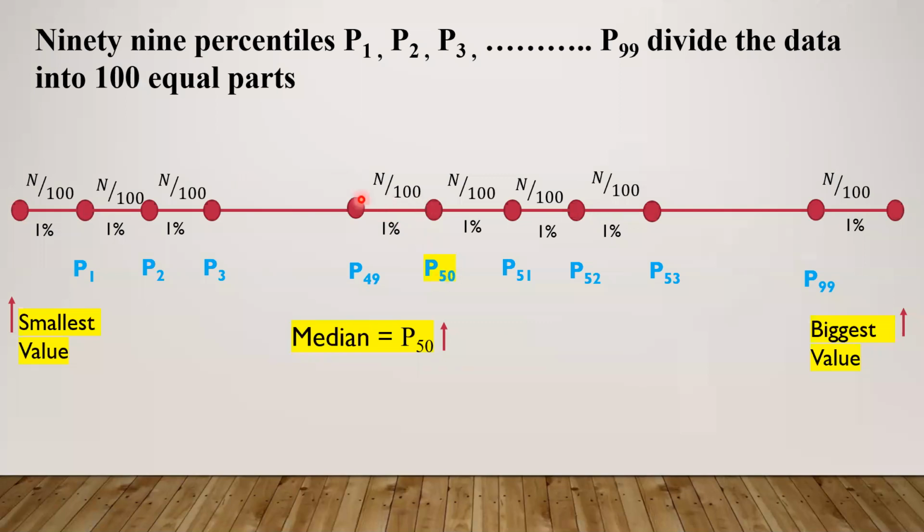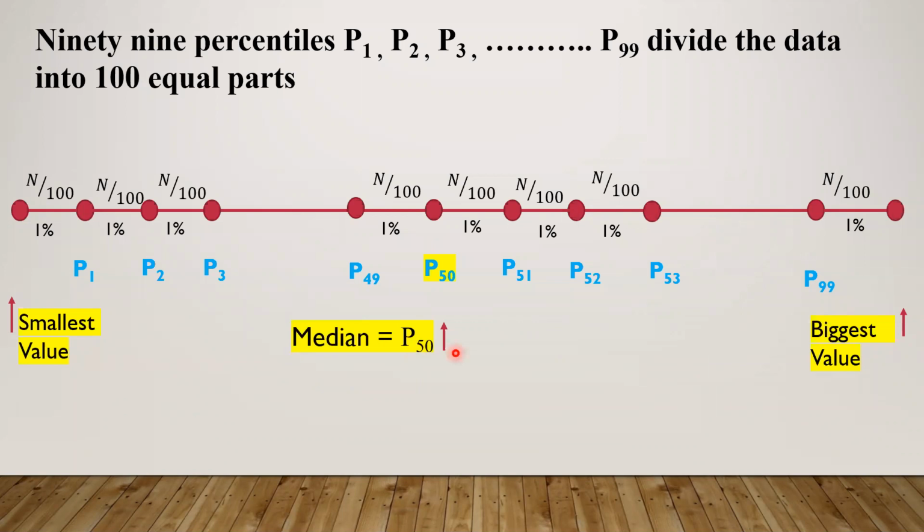So n by 2 values are less than P50, and similarly n by 2 values, or 50% of the values, are greater than P50. That means P50 is coming exactly in the middle. Therefore, P50 is the same as median. That is why I have written here: median is equal to P50.